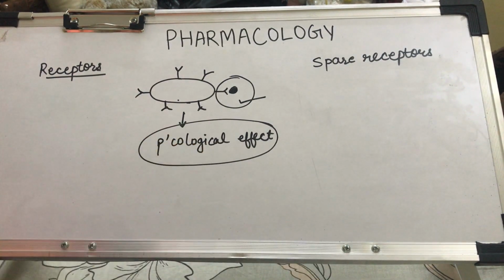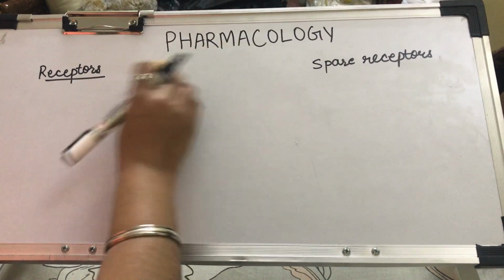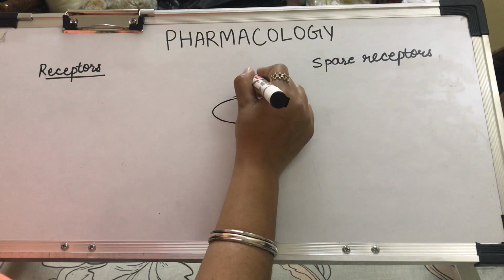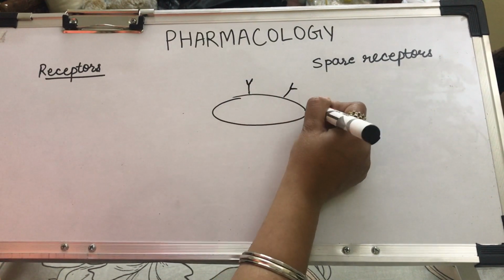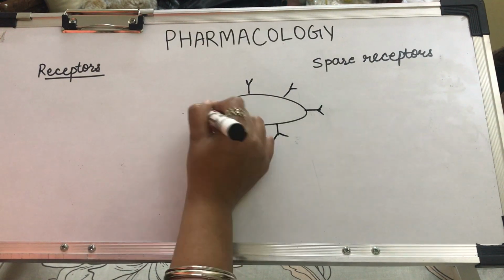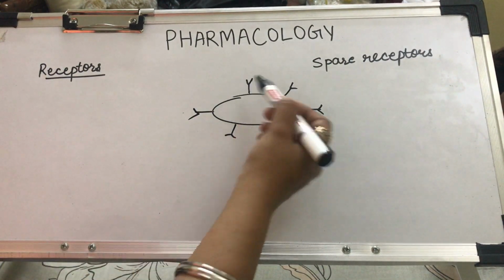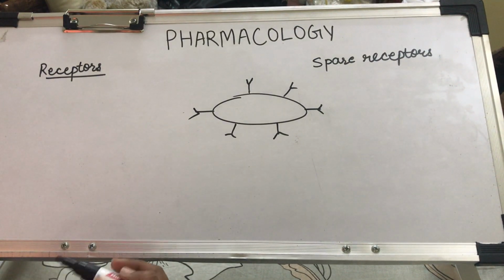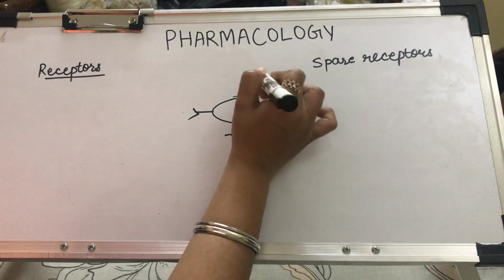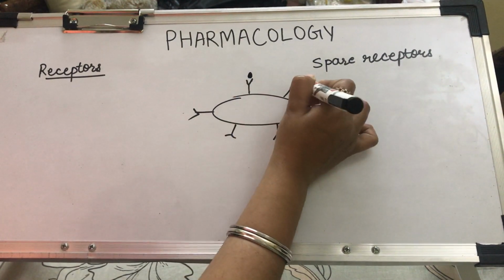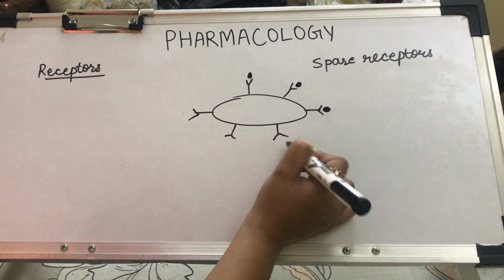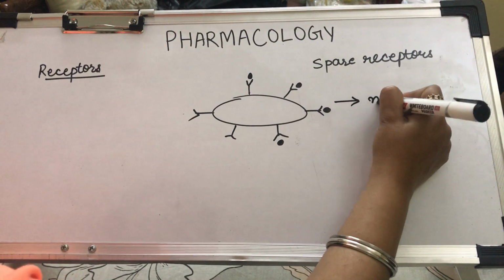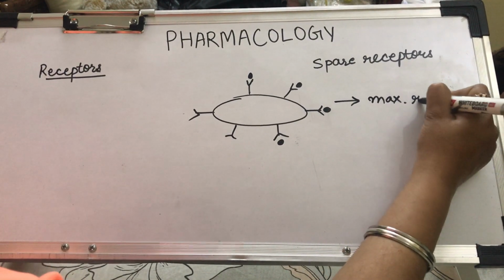For example, there is a cell here, and it is having a certain number of receptors, say 1, 2, 3, 4, 5, 6. It is having 6 receptors on its surface, and we are giving a drug, and suppose that drug molecule has covered 4 receptors and it is giving the maximum response possible.